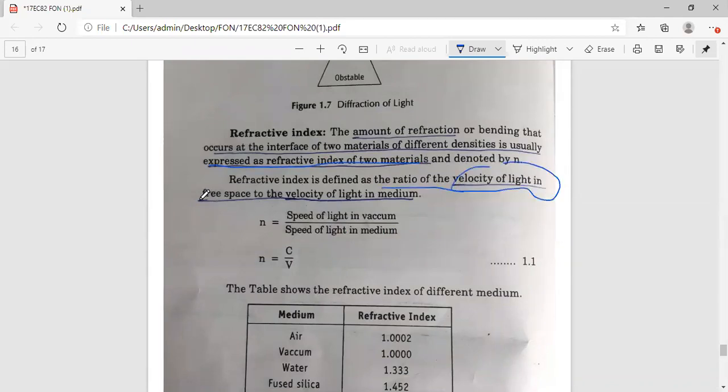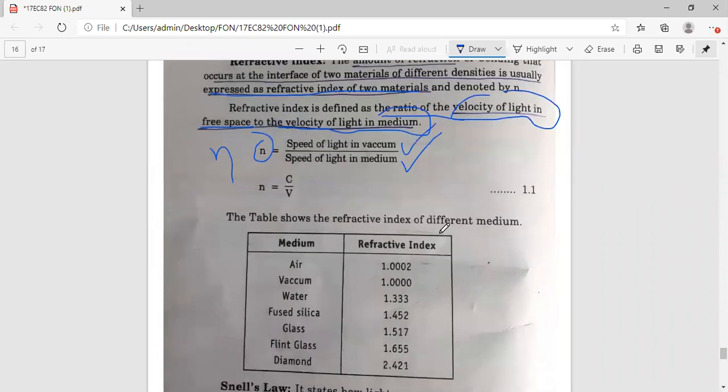It is the ratio of the speed of light in air to the speed of light in the medium. That is n, sometimes you use eta as the refractive index.